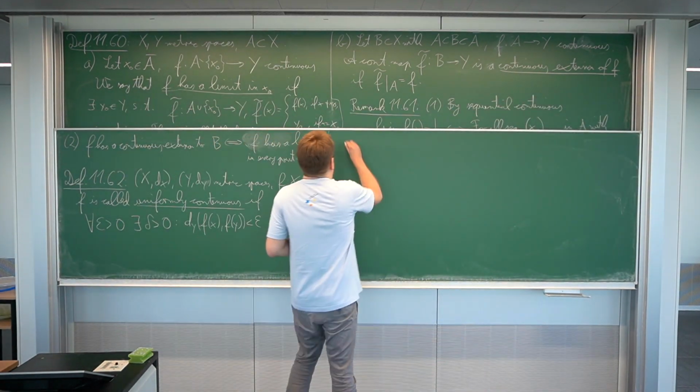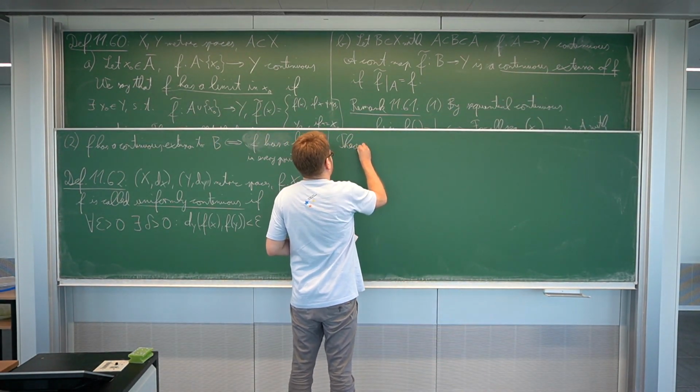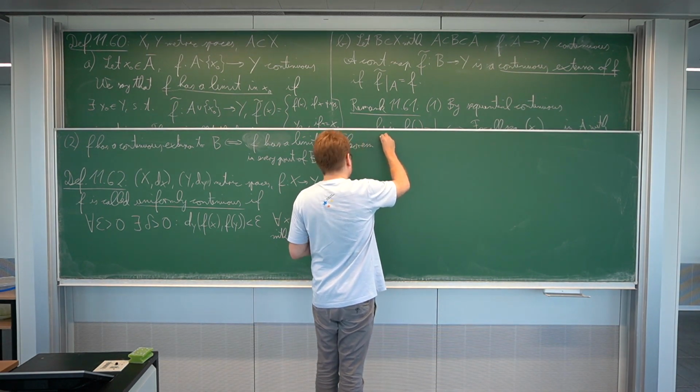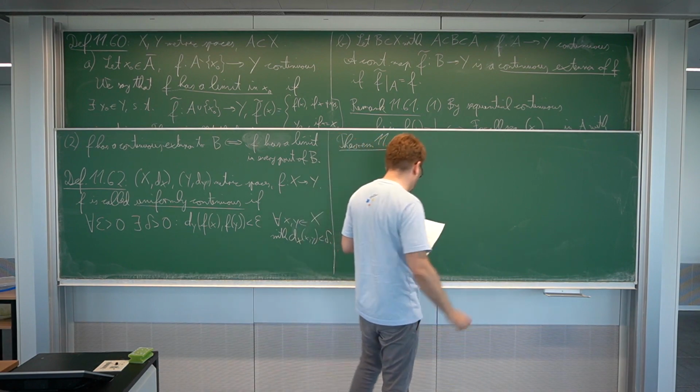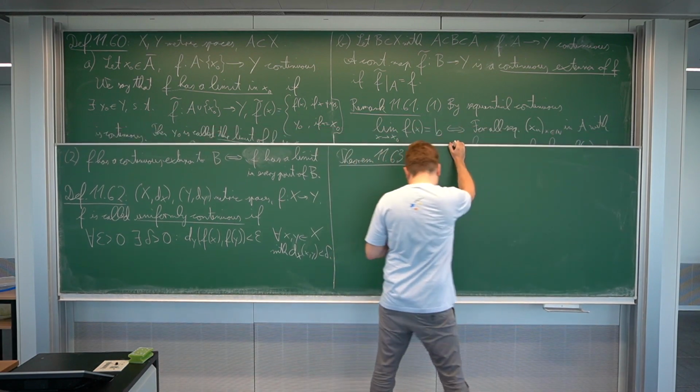And the reason I'm doing this is because now this has a relation to the closure and to continuous extensions, because there is a result which is the exact equivalent of a result from the previous term.